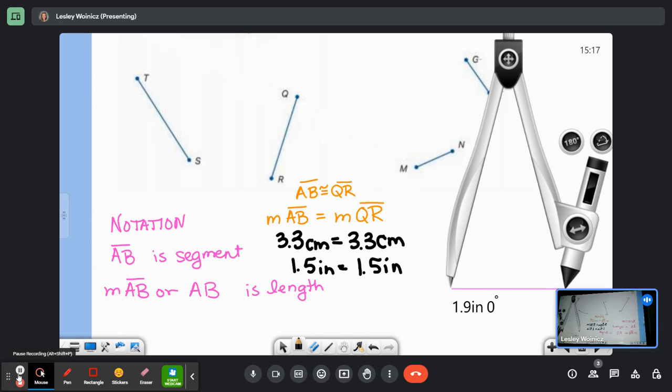Did the units matter? So regardless of the units, we could even pick our own arbitrary compass unit. They were the same measure. Everybody okay with that? Congruence is independent of the measure. Okay, just felt like we needed to say that.